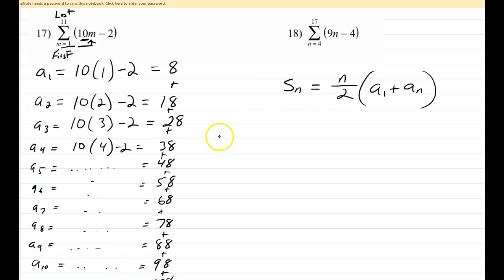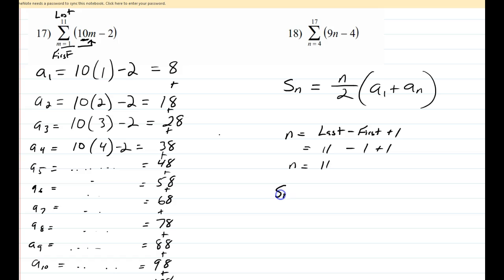And I told you that n equals my last minus my first plus 1. So 11 minus 1 plus 1 equals 11. So I have 11 terms here, and it makes sense. 1, 2, 3, 4, all the way to 11.